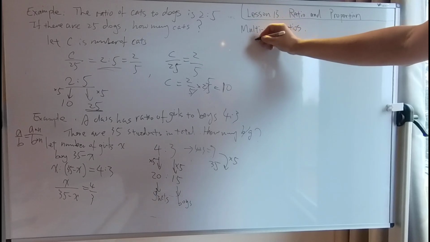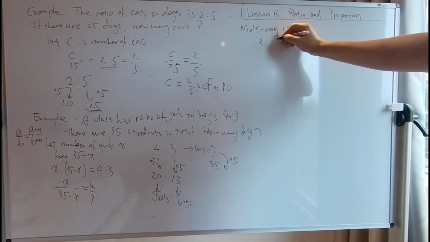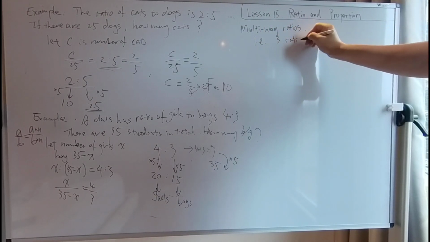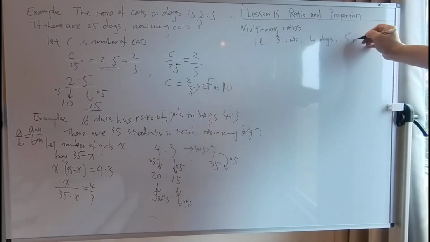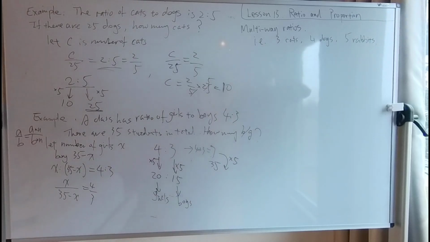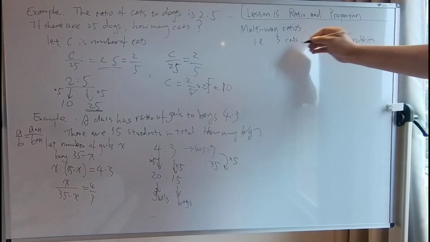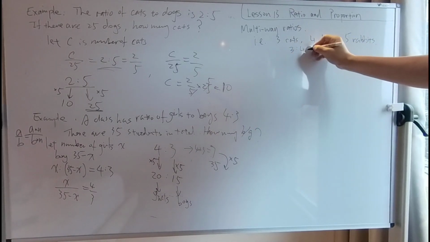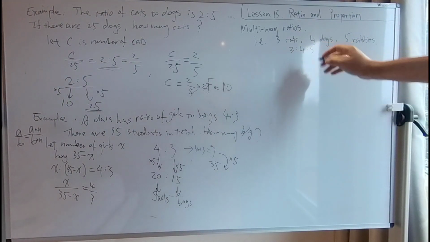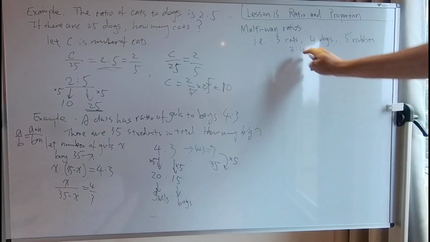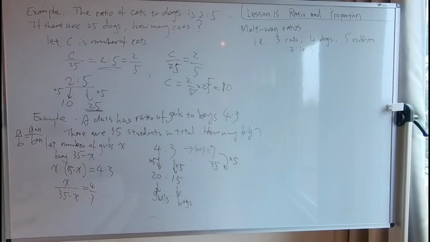For example, I can have 3 cats, 4 dogs, and 5 rabbits in the pet shop. Then the ratio of all the animals would be 3 versus 4 versus 5 for the 3 different pets, right? And this ratio is the multi-way ratio because you have more than 2 quantities. You actually have 3 quantities.